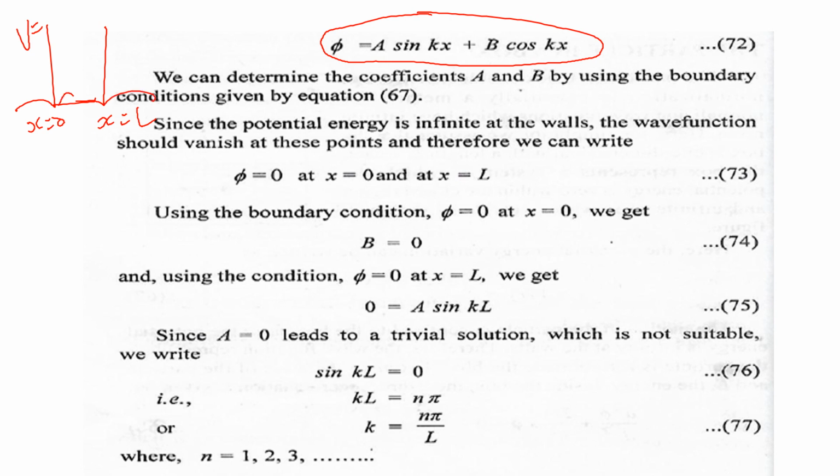The wave function is confined only inside the box. So at x equal to 0, phi is equal to 0, and at x equal to L, the wave function is also 0.